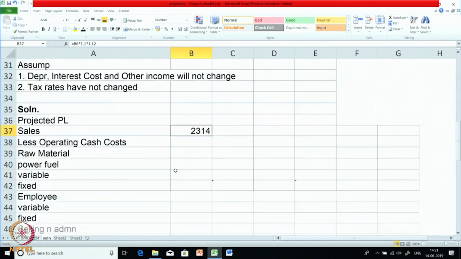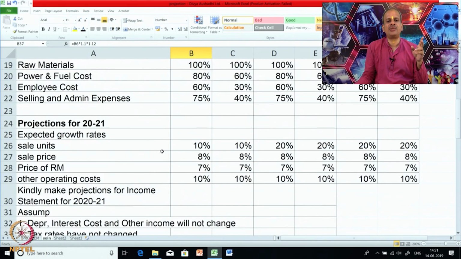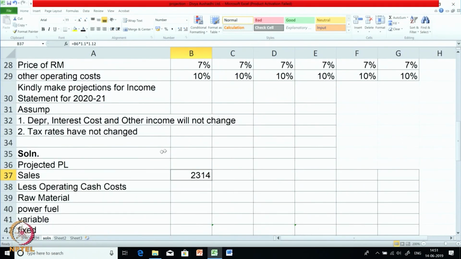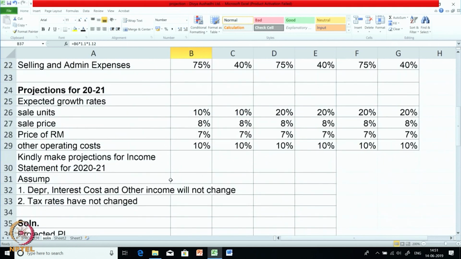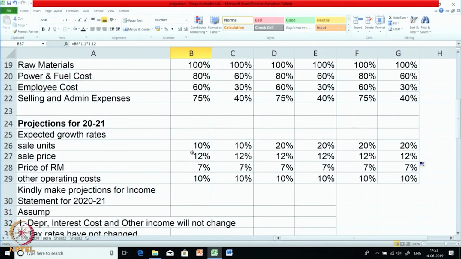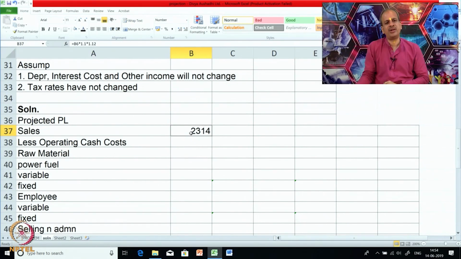Maybe you can write it down since it is the first time you are doing it. 1878 into 1.1 into 1.12. 1.1 because of the 10% increase, and it says a 12% increase in the selling price. So you can see here there is an increase in sale units by 10% and an increase in the price by 12%. That is why into 1.1 into 1.12. Getting it? Now this is very important, I hope you have noted it.